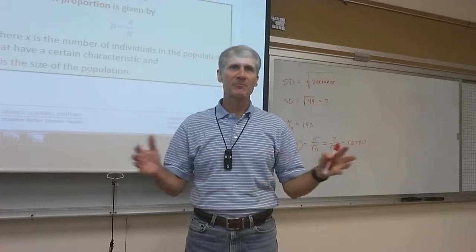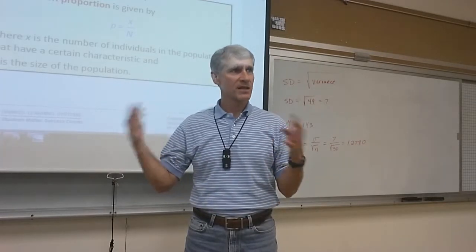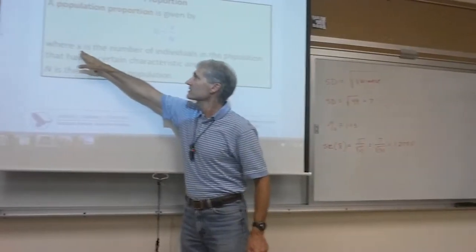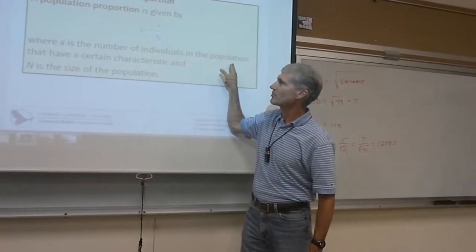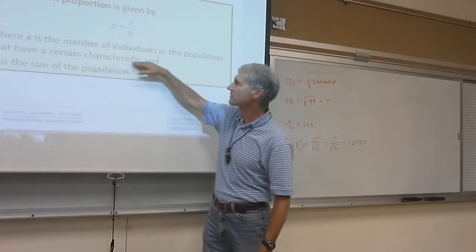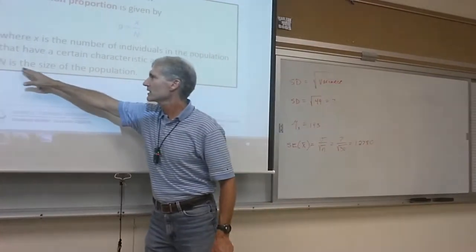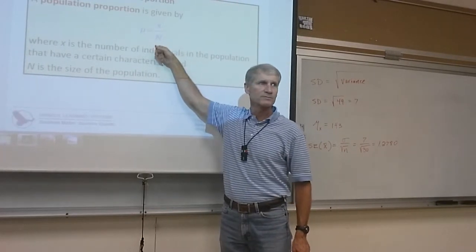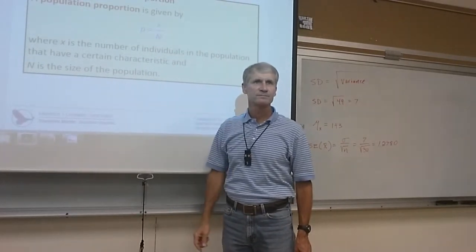If I count how many people in my sample say yes to that question, that's my X. X is the number of individuals in the population that have a certain characteristic, and capital N is the size of the population. So this is the population proportion, X over N.